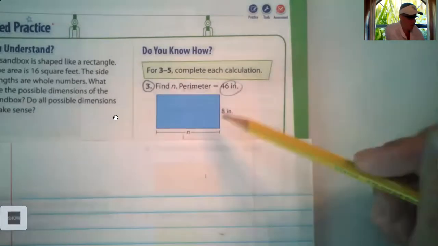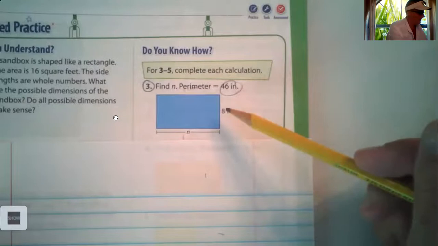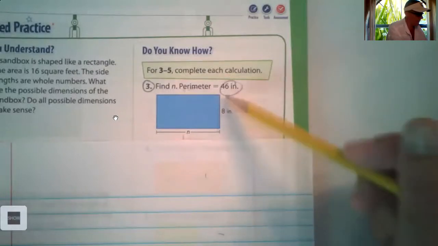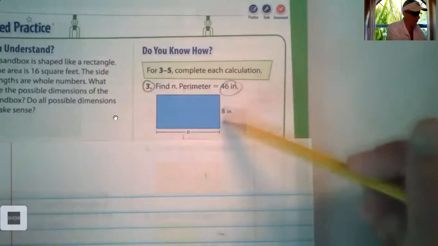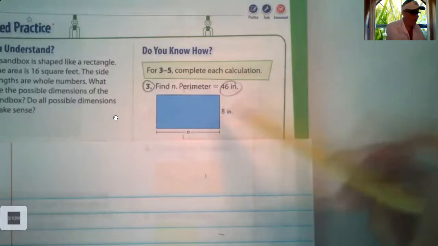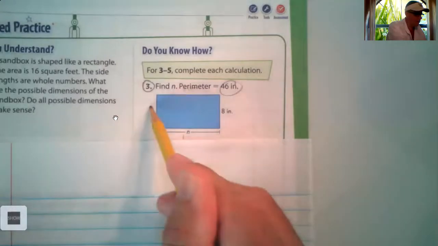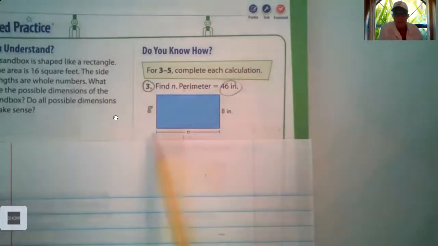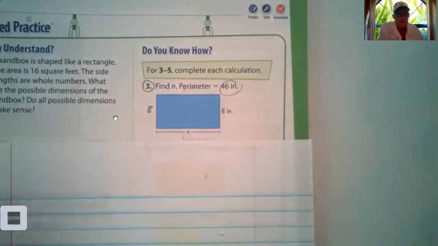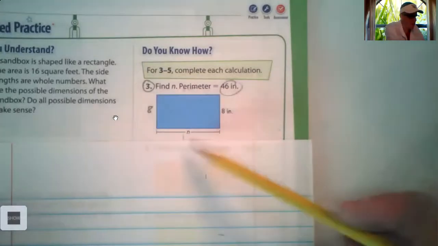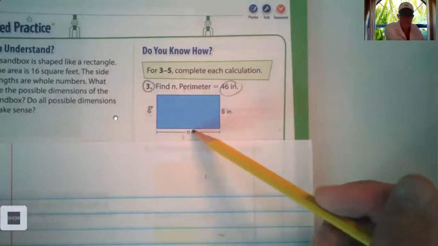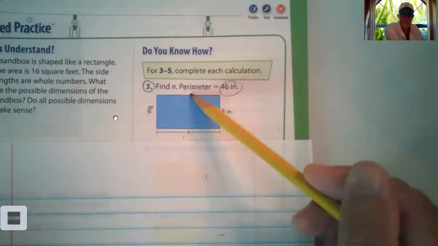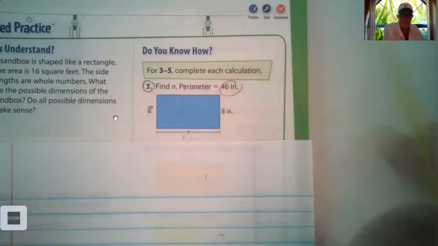If the height right here, or the length, I should say, either way, is 8, then we know that the length over here is going to be 8 also. So we have 2 sides covered. We know that's 8, that's 8. Now we just need to find n, because this is going to be the same size as the width up here, because they're parallel and of equal length.